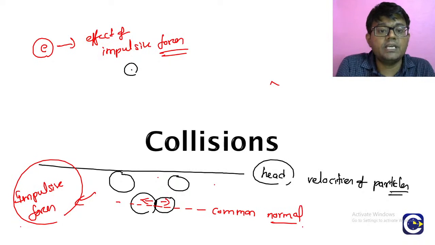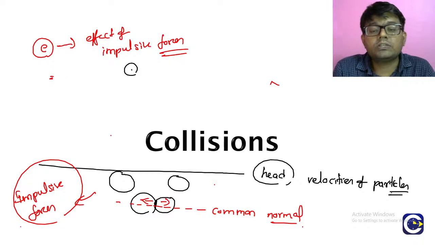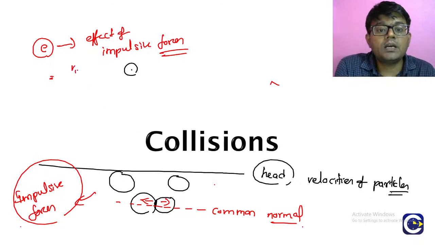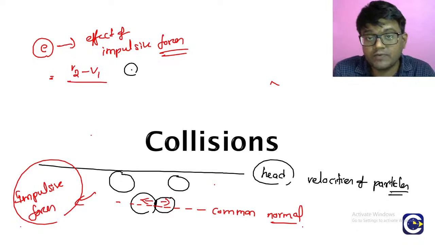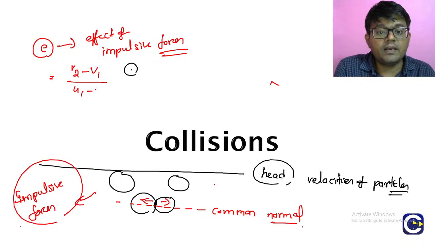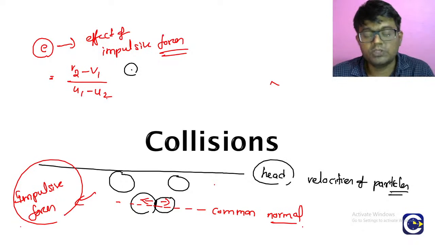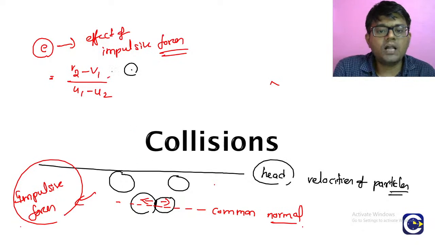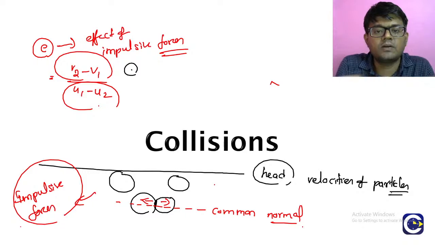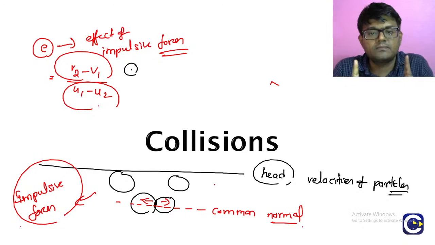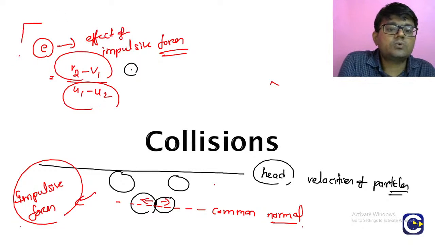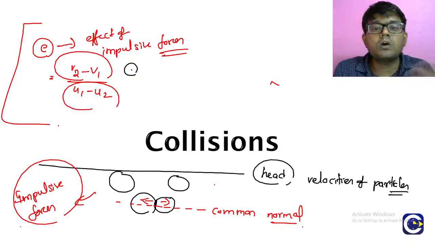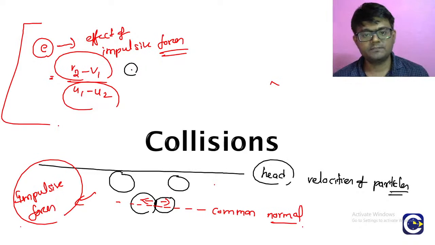In the head-on collision, it is the relative velocity of separation after collision, v2 minus v1, divided by the relative velocity of approach before the collision, u1 minus u2. All these velocities are confined to the same common normal line, which is the direction where the impulsive forces act. That is why the coefficient of restitution is more meaningful in the analysis of head-on collisions.